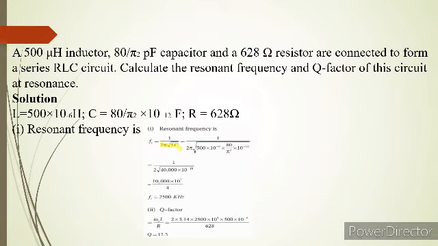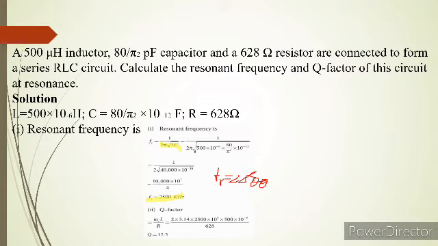We'll substitute this and finally arrive at the answer: 2500 kilohertz. We have taken the resonant frequency, so I'll write it here as fr. By solving it, we have arrived at 2500 kilohertz.